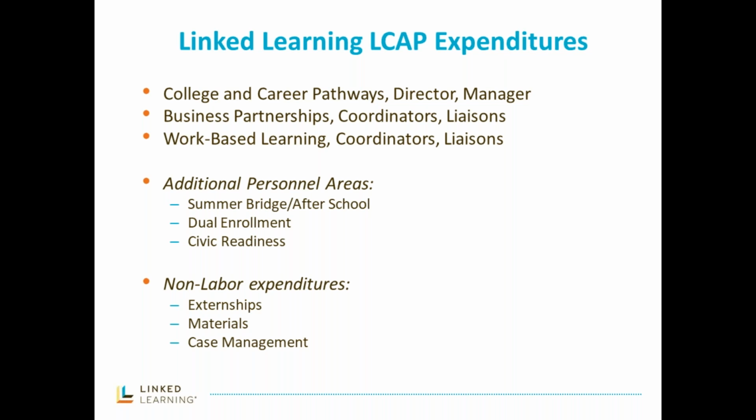You're also ensuring that partnership establishment is occurring to ensure the sustainability of linked learning, but also that as many students as possible have access to work-based learning opportunities during their time within linked learning. And again, those can be found on pages 43 to 47 of Oakland Unified's Local Control Accountability Plan.